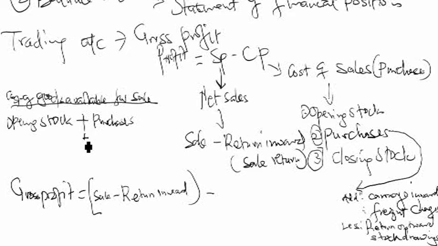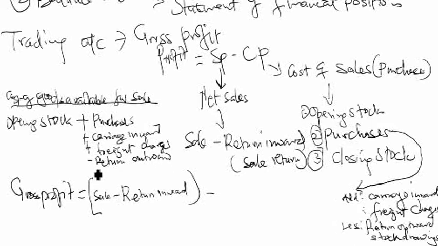So you are adding carriage inward, you are adding freight charges, then subtracting return outward, and subtracting another item, stock drawings. All these, that's what we're calling the cost of goods available for sale.